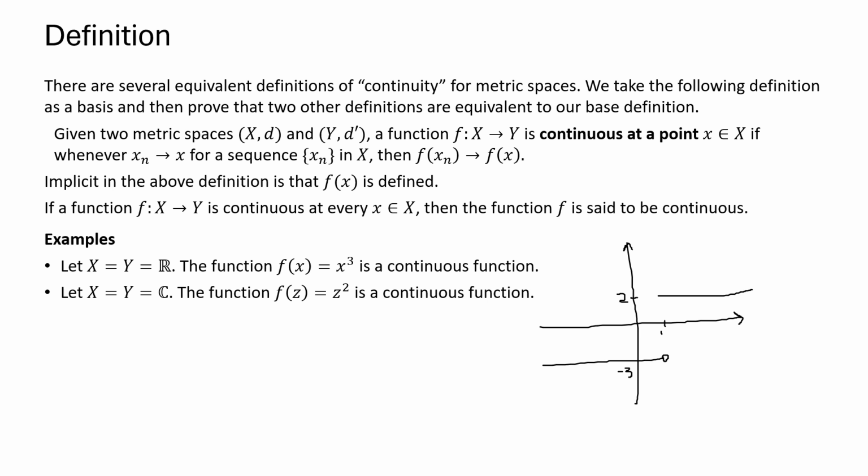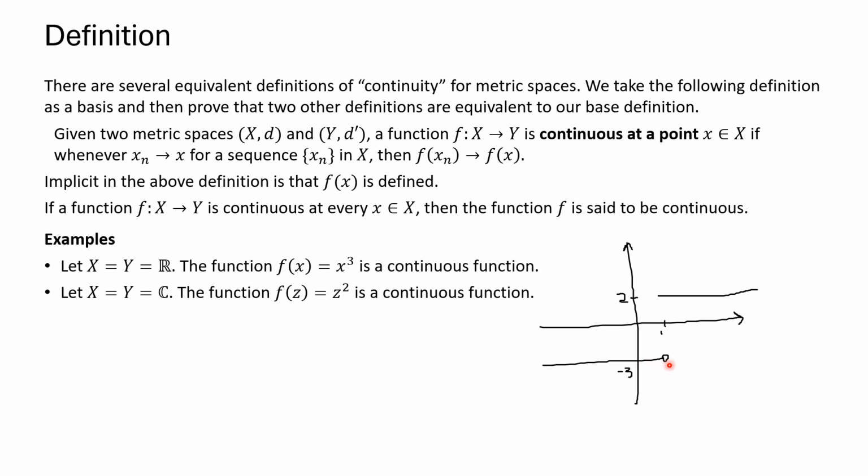The function continues. It's meant to be a straight line. So here you have a real valued function, and it equals minus 3 from minus infinity all the way up to 1, and then at 1 it jumps to 2.